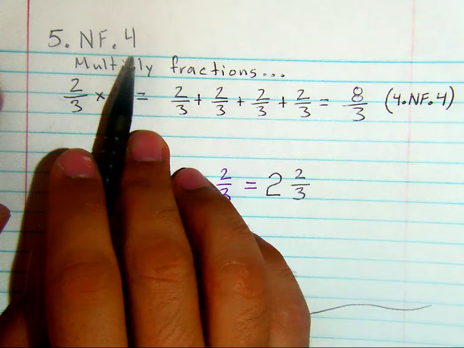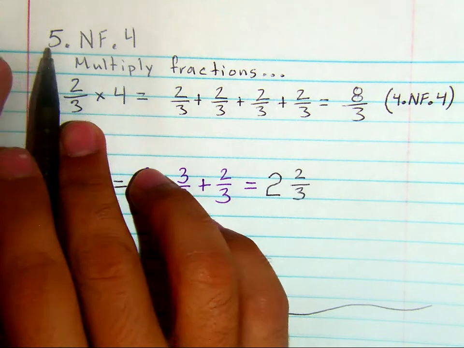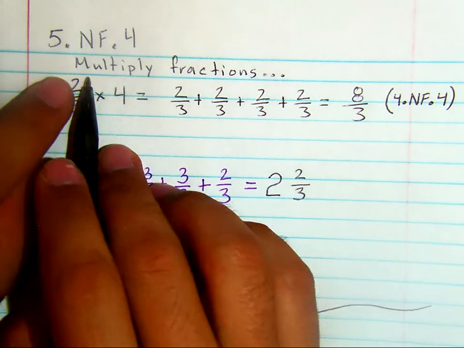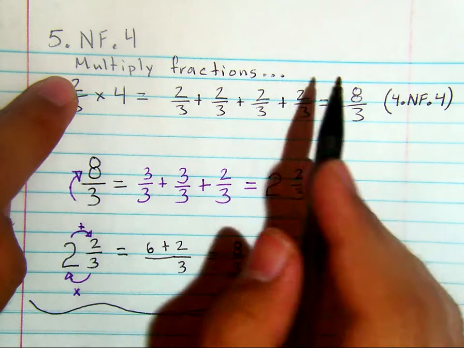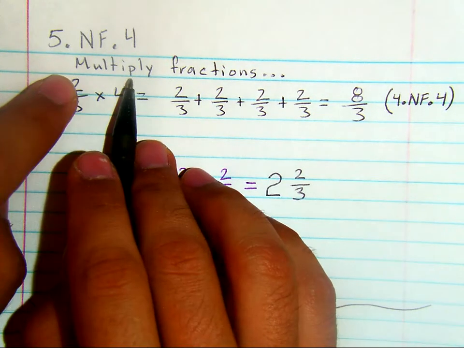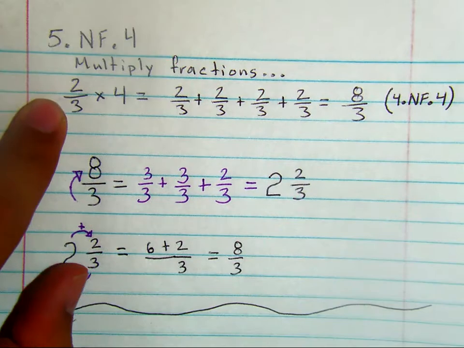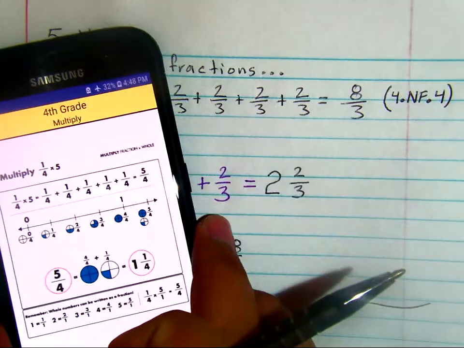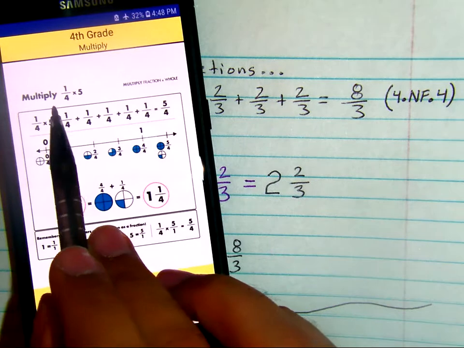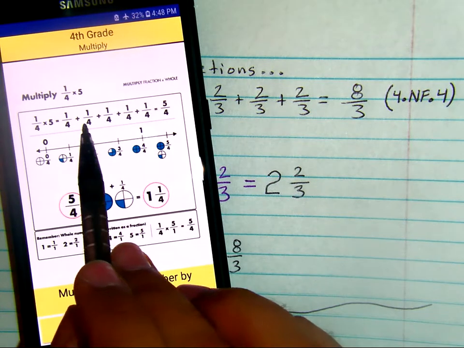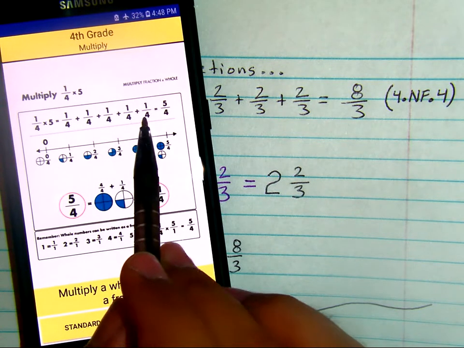Now 5.NF.4, the fourth standard for fractions in 5th grade, introduces multiplication of fractions. They really just want you to know how to multiply fractions, but they don't just want you to know how to multiply fractions, because in 4th grade, they introduced multiplication of fractions as repeated addition of those fractions.